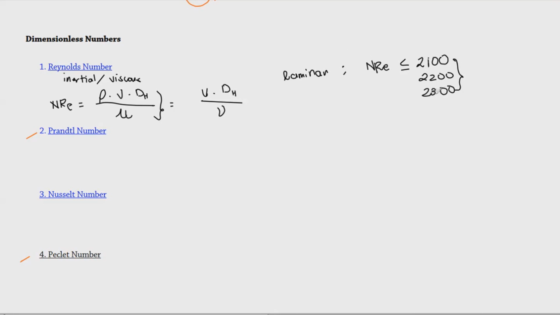We're just considering up to 2300 being laminar, and then for the turbulent, we usually have a Reynolds number greater than around 1900. In this case, any value in between these two, we will be having some transition state.